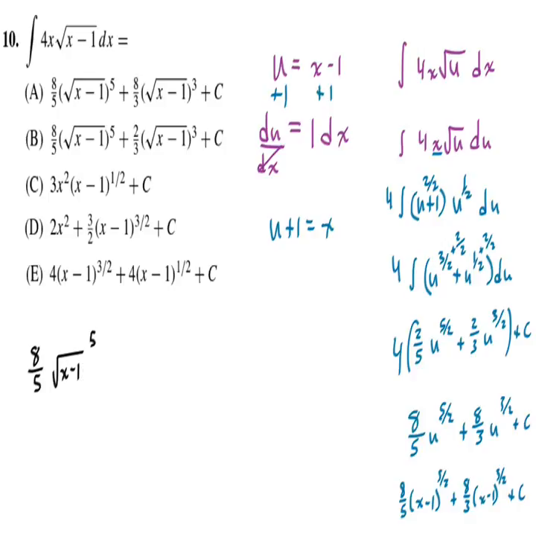It doesn't matter. It goes on either. And then we have plus 8 over 3 square root of x minus 1, and this one is being raised to the 3rd power, plus c. Alright, this answer is complete. Which one of these answers looks like that? It looks like, yeah, this one right here.